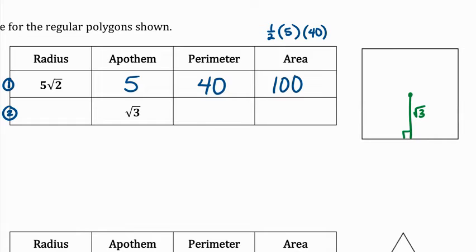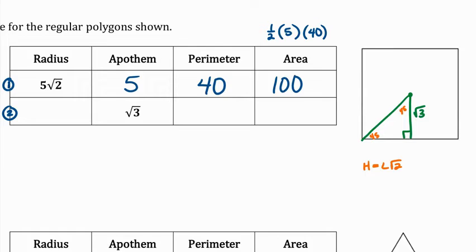I'm trying to find my radius, my perimeter, my area, so I'm going to draw in the radius as well. Same idea, it's another square, which means this is still a 45, 45, 90, right? So my hypotenuse is equal to the leg times radical 2.